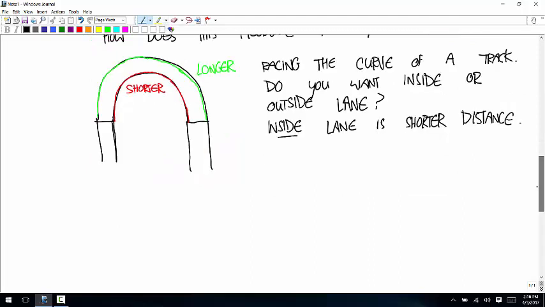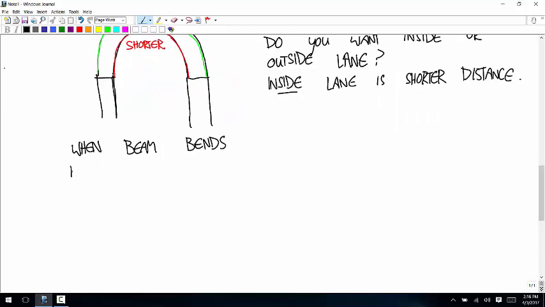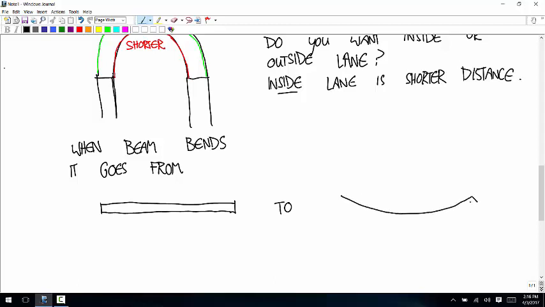Okay, so when you bend a beam, it goes from this, and I'm going to do an exaggerated picture, to this.